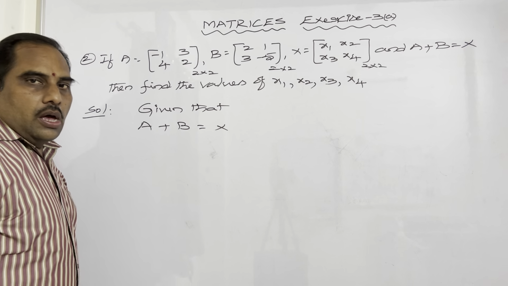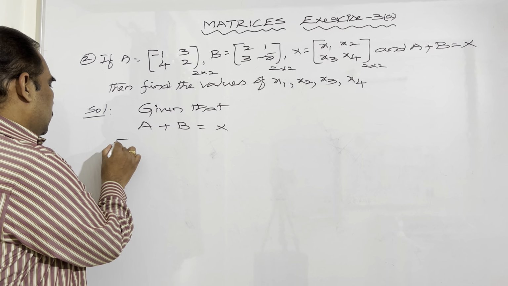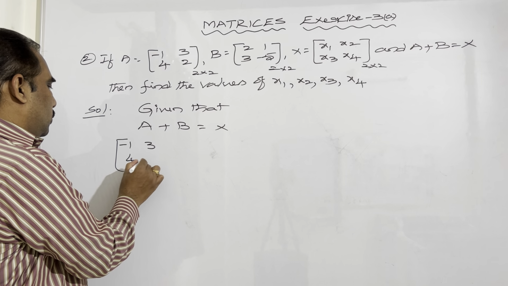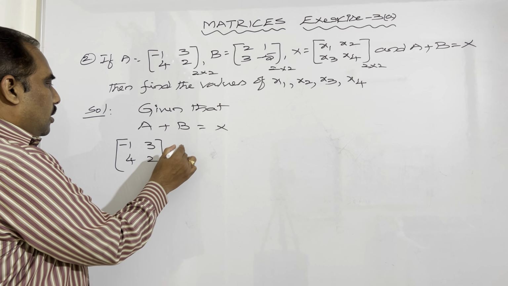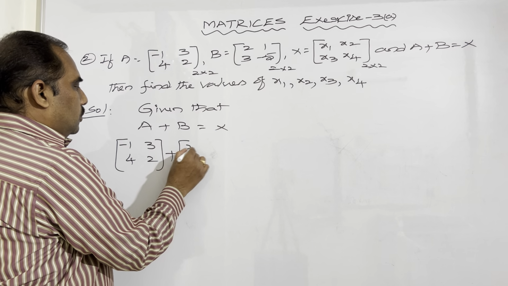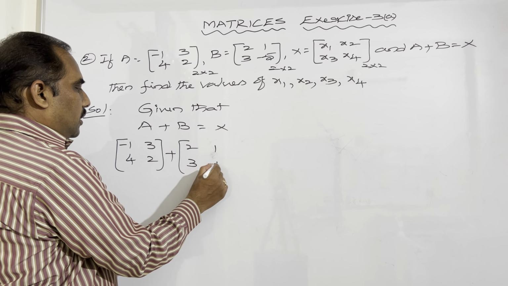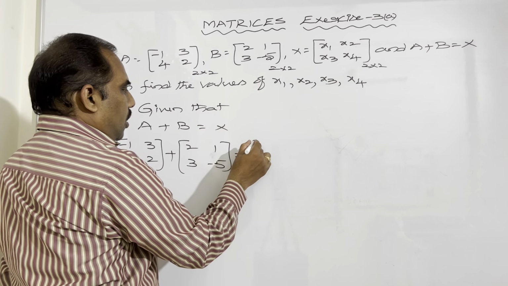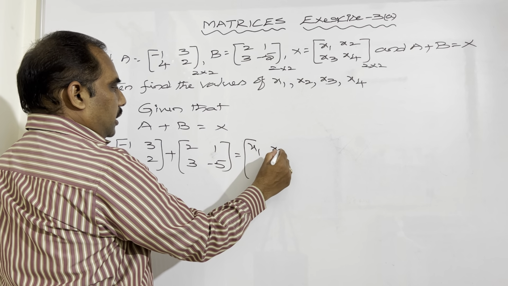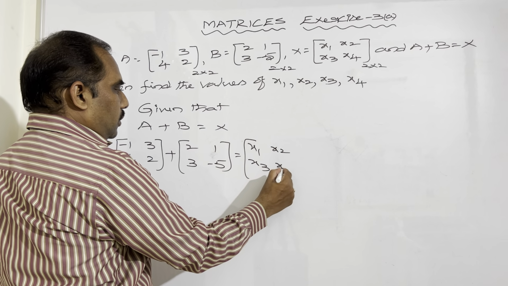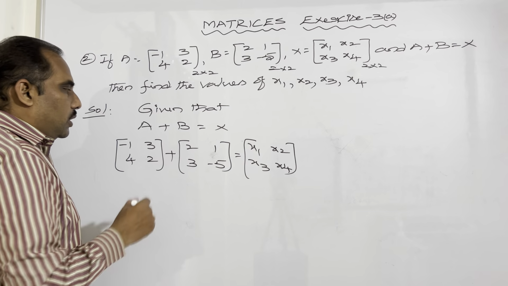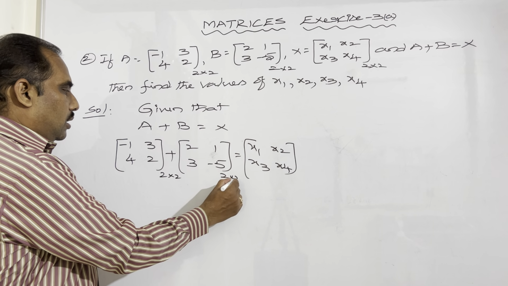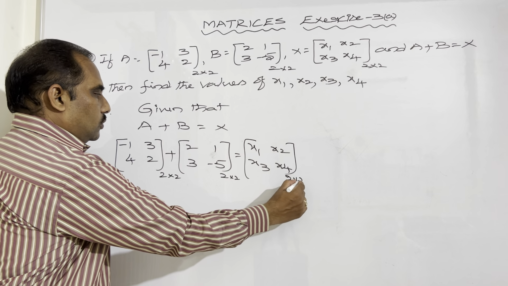That means add both the matrices. Matrix A, minus 1, 3, 4, 2, plus matrix B, 2, 1, 3, minus 5, is equal to matrix X, which is already given as x1, x2, x3, x4. Now adding the corresponding elements, both the matrices are of order 2 by 2, and this matrix order is also 2 by 2.